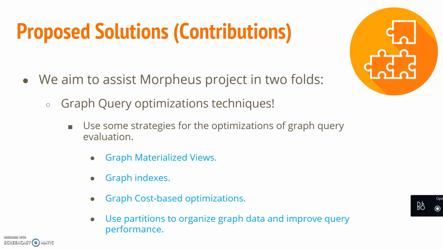As Morpheus is built on top of Spark SQL, as we have mentioned, at some point the property graph data and the graph schema are translated to the relational world of Spark data frames and tabular schema. Cypher graph queries are also translated into pure relational operators that will work on top of these data frames or tabular data.